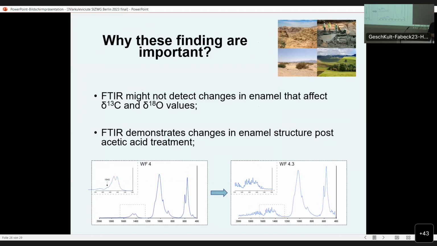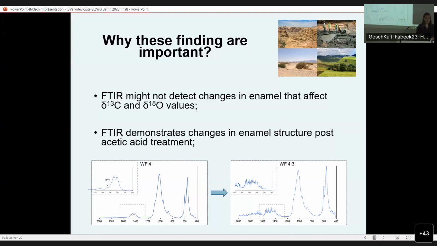So what are the outcomes, the takeaways from all of these results that we have so far? It is that maybe FTIR doesn't detect the changes in enamel that affect carbon and oxygen values, because there didn't seem to be a correlation between the failed parameters and changes in carbon and oxygen values post-treatment.